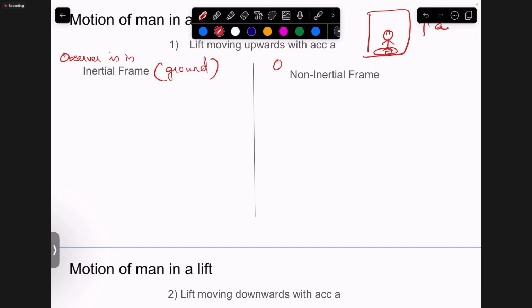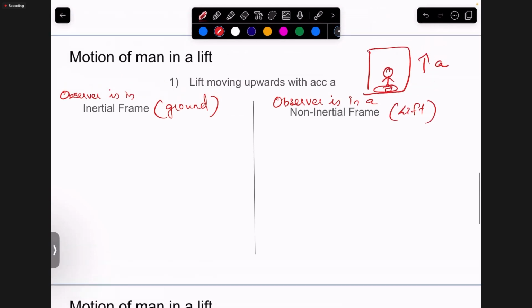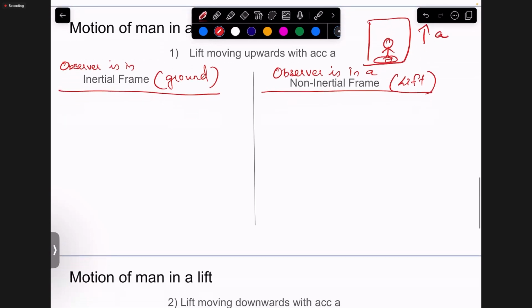Another is the observer in a non-inertial frame, that is the lift, because the lift is traveling with acceleration A upwards. So that's why this is a non-inertial frame, and the other is an inertial frame. So think about this inertial frame.